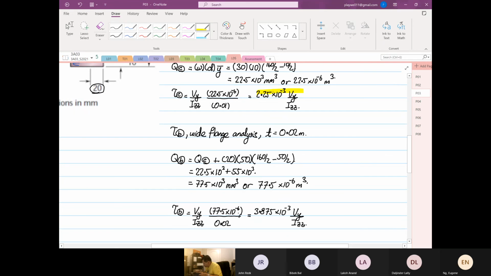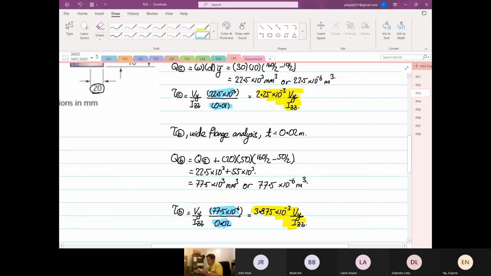So this is point C, and this is point B. Because point B has a higher first moment of area compared to point C, the thickness and first moment of area are both fighting. This one is wider and that one is smaller, but because the first moment of area is much bigger, point B has a much higher ratio of QZ over T.